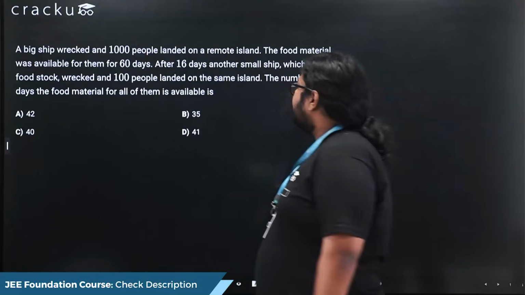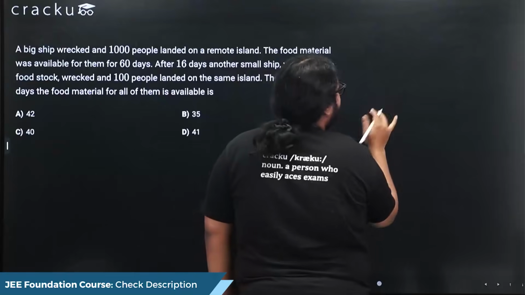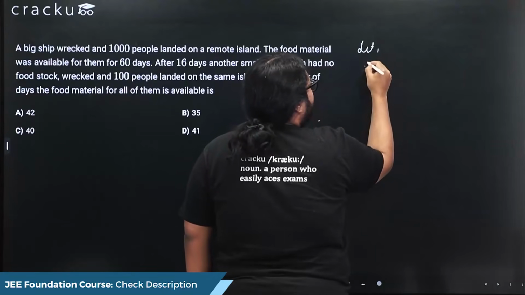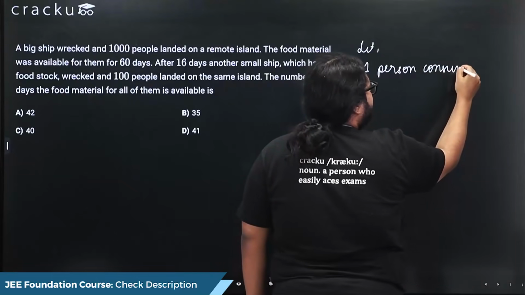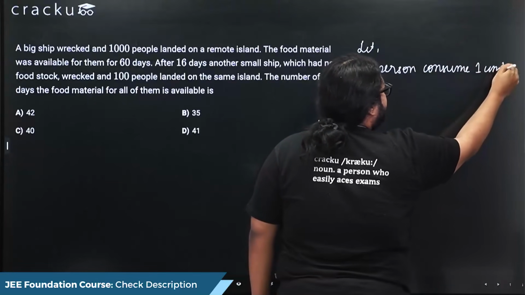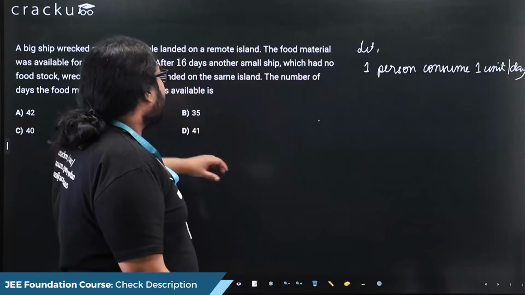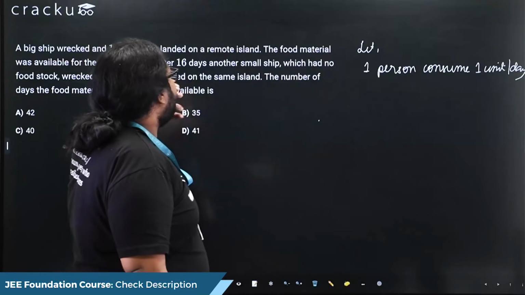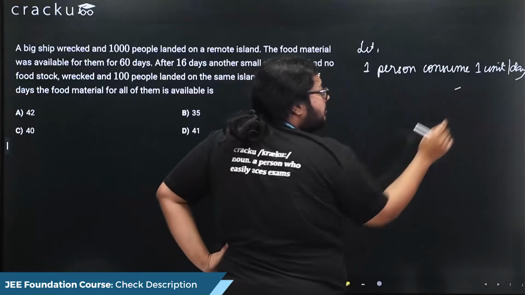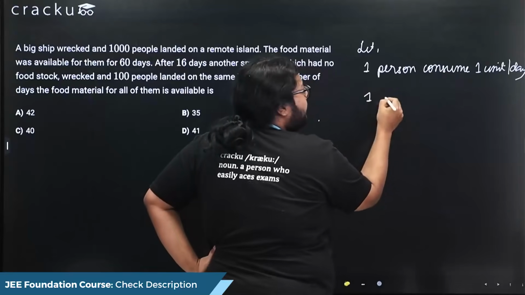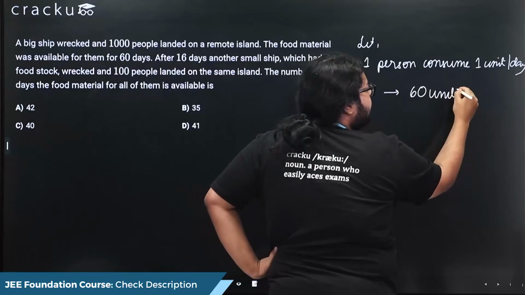Let's say one person consumes 1 unit per day. In the first case, there were 1,000 people and food was for 60 days. If one person is consuming 1 unit in a day, then one person will consume 60 units in 60 days.